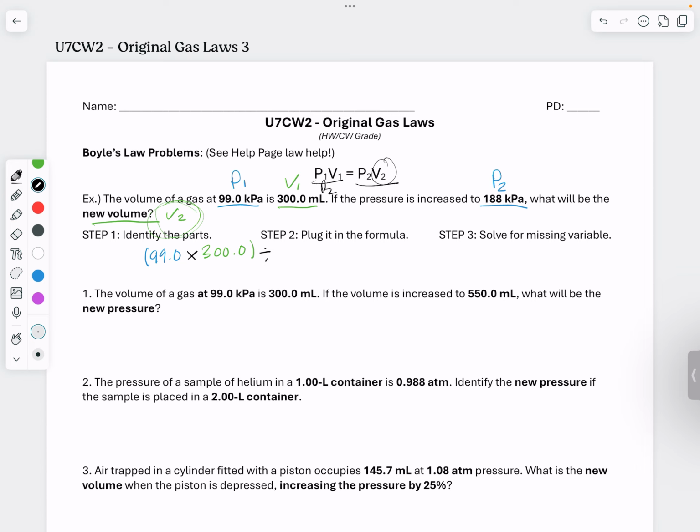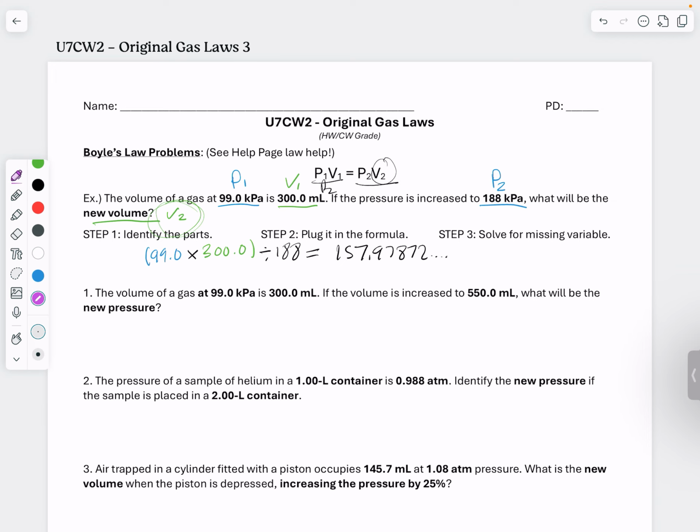P2 is 188, and if we do all that, we get 157.97872, and so on. Sig figs: I have 3 sig figs here, 4 there, 3 there, so 3 it is. That 9 can change the 7, and I get 158.